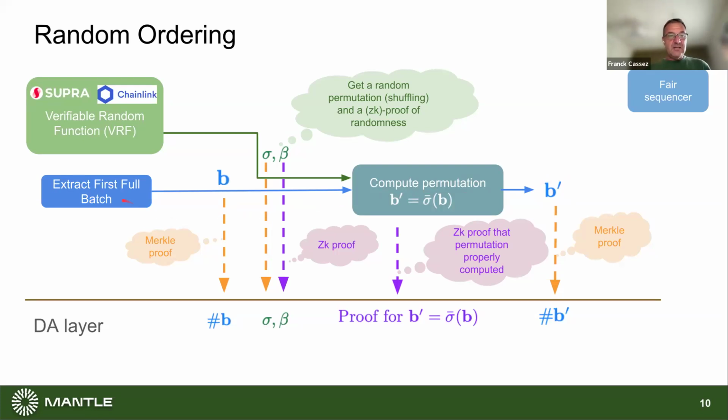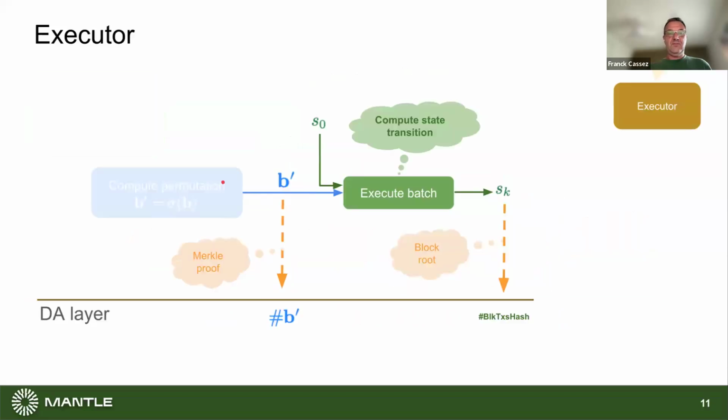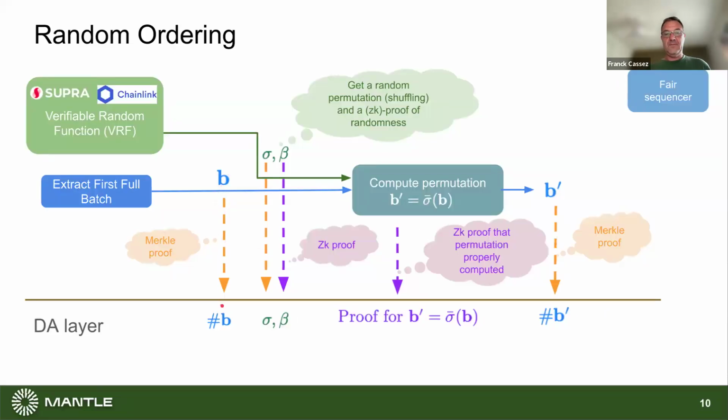And again, what's happening here is that we get a batch. We can archive the order of the transactions in the batch with the Merkle root hash or whatever you want on the data availability layer. We can also publish the randomization and the proof that the randomized sequence has been computed using a given random function, so a zero knowledge proof.